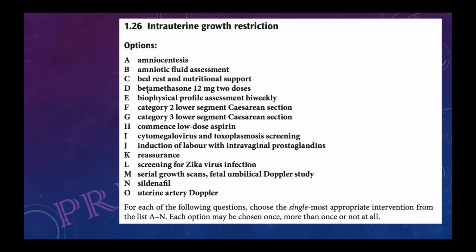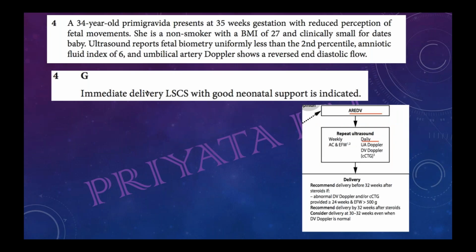Yeah, you are right. So in this particular situation, definitive will be CS only, if we have to select a definitive treatment for this situation. It has to be cesarean section. See, if they have given cesarean section with steroid cover, then that will be the best answer.